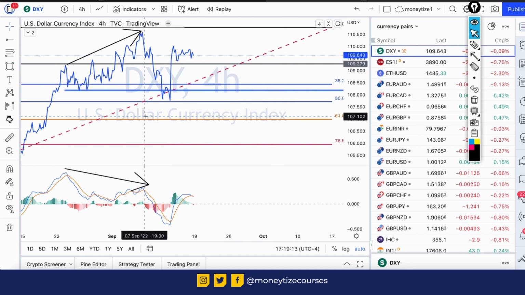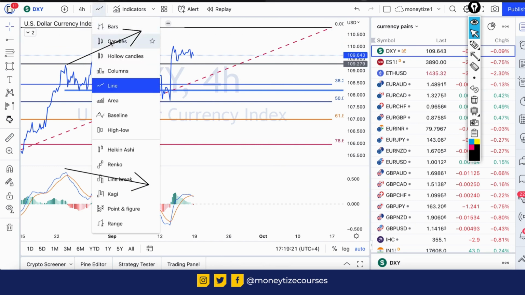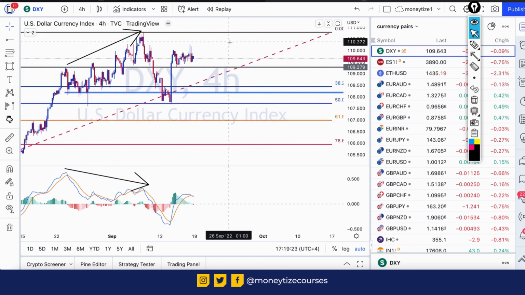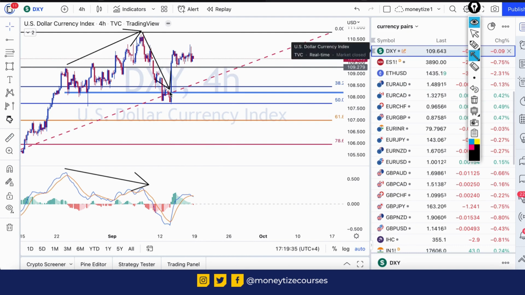We got the structure area on 4 hourly, a break below, and after that a push higher, and maybe this could be the scenario, a push lower, and it could be a ranging structure to the sideways.